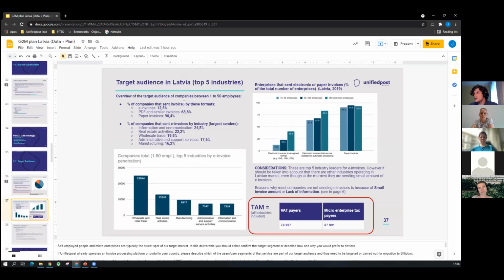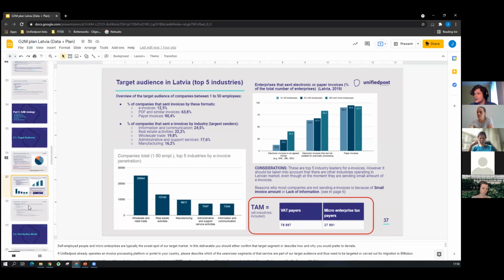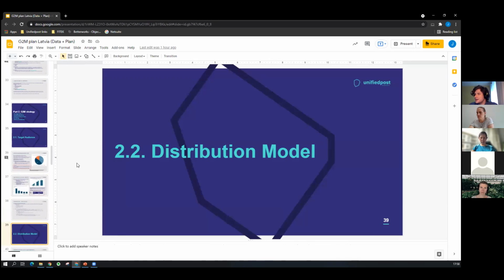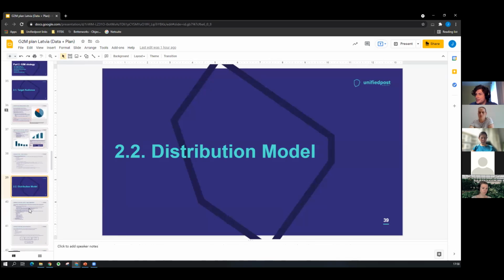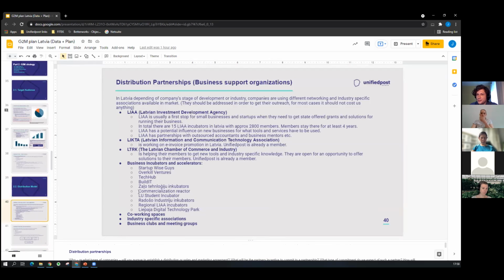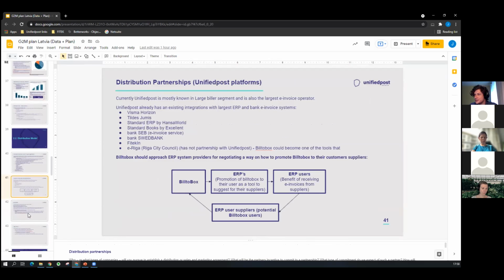The next part is about the industries. What are the industries, and what is the TAM, which I mentioned before, the target acquirable market. In Latvia, we have about 80,000 VAT payers. Most of them are small and medium enterprises. The second part is the distribution model: how I will distribute my product, who my partners will be, how I will be selling, what my sales channels are, and so on.